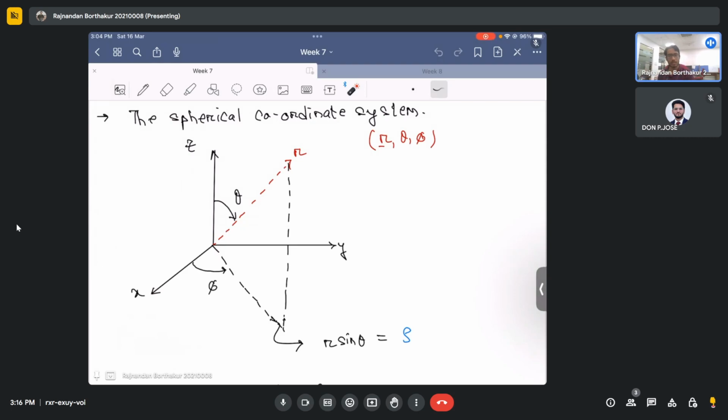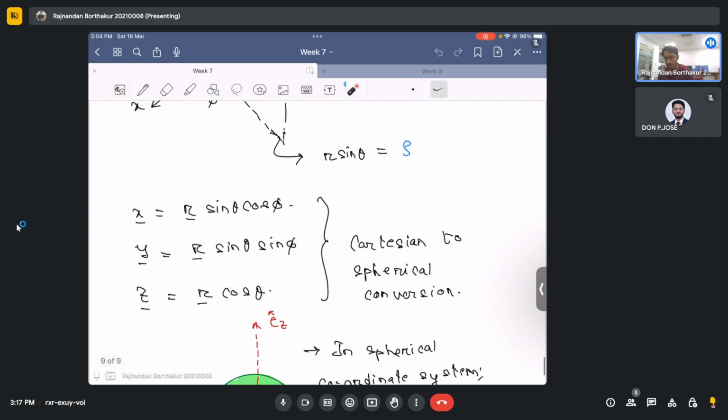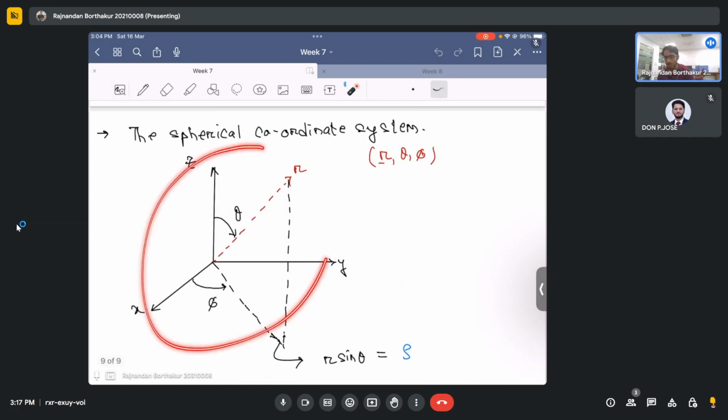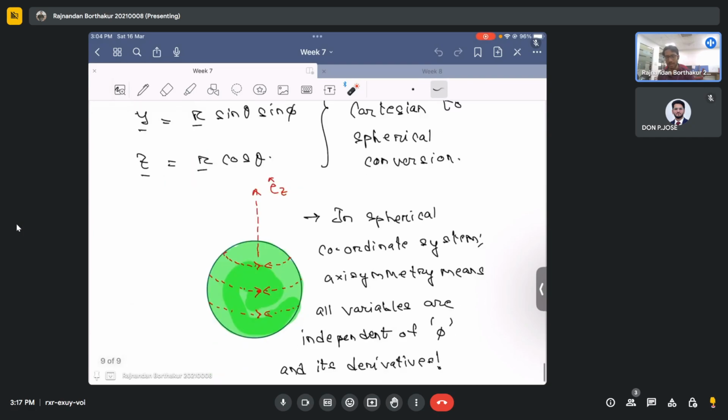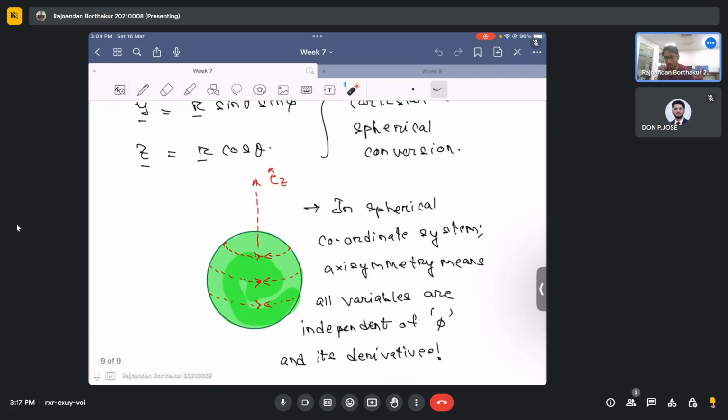In the last class we briefly discussed what the spherical coordinate system would look like, and more importantly we discussed something known as axisymmetry in the spherical coordinate system, which means that the variables are independent of the azimuthal angle phi. Not only the variables, but the derivatives of the variables are also independent of the azimuthal direction, which is phi.